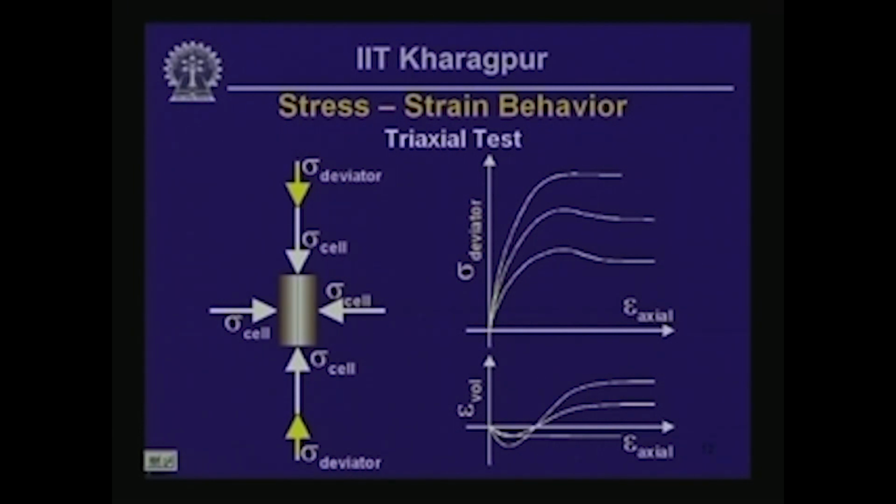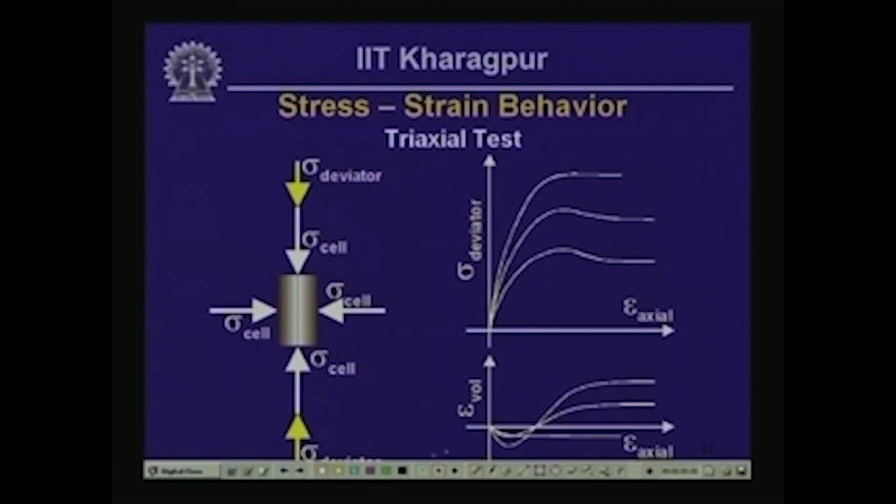But before I do that, what I want you to notice here is that as the cell pressure increases, you are going to need a larger value of deviator stress in order to fail the sample. And also you notice that by increasing cell pressure, we are triggering more of a contractive volumetric behavior of the soil and rock specimen. So these are typical responses of soil and rock samples.